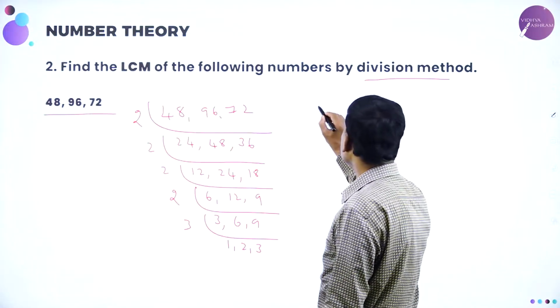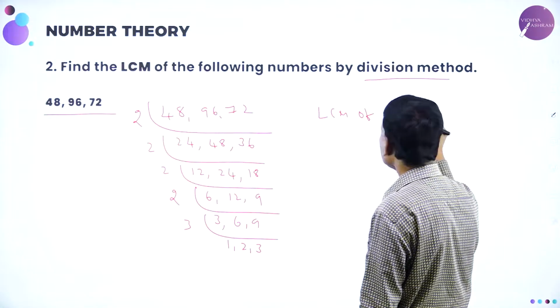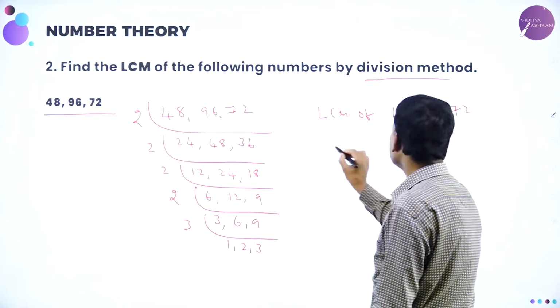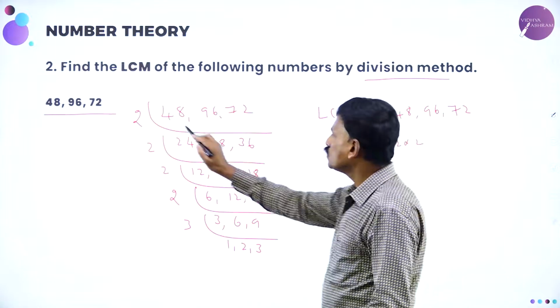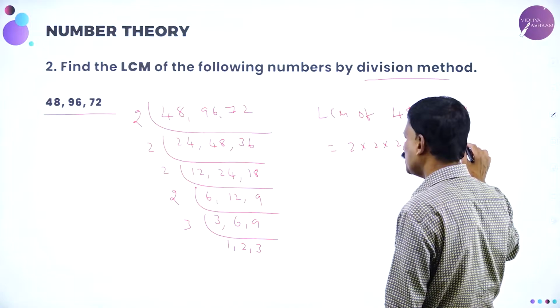Now therefore, the LCM of the numbers 48, 96, 72 is equal to, just multiply it: 2 into 2 into 2 into 2, 2 into 2 into 2 into 2 into 2 into 3 into 1 into 2 into 3.